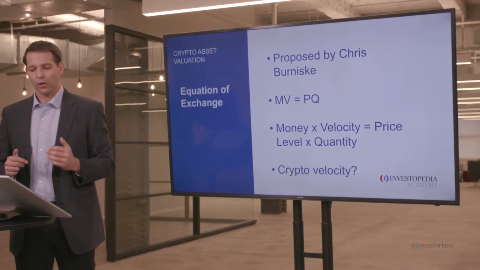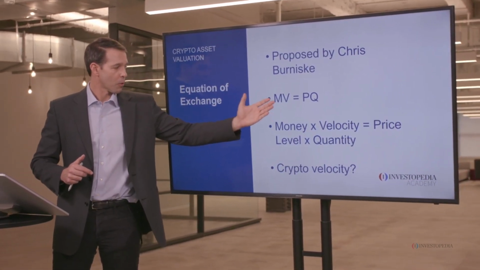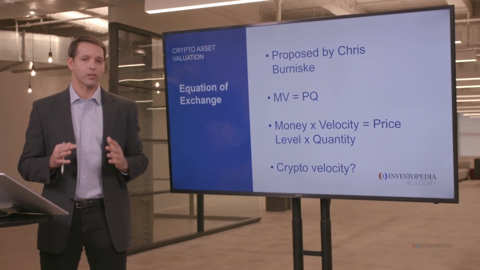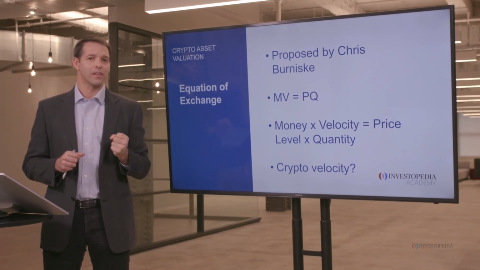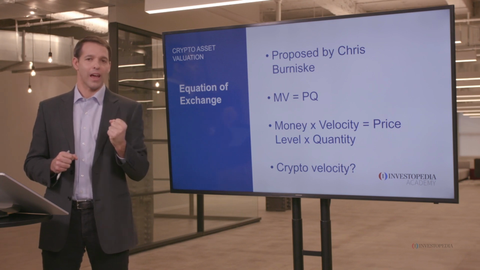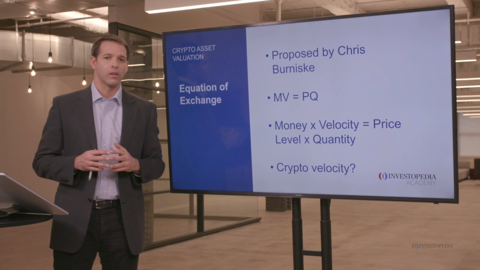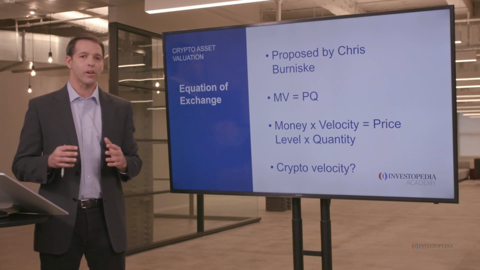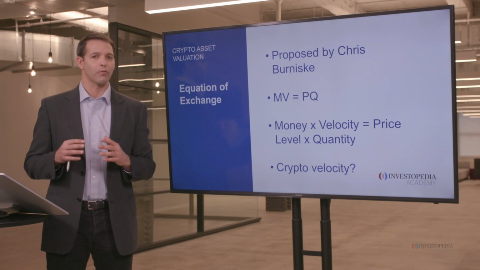So when we talk about the equation of exchange, there's one parameter that we're still not really sure of, and that's velocity. Velocity means how much a unit of account or a dollar turns over in a given time period. Let me explain. In the US markets with the US dollar, we have a velocity of a little over 5.